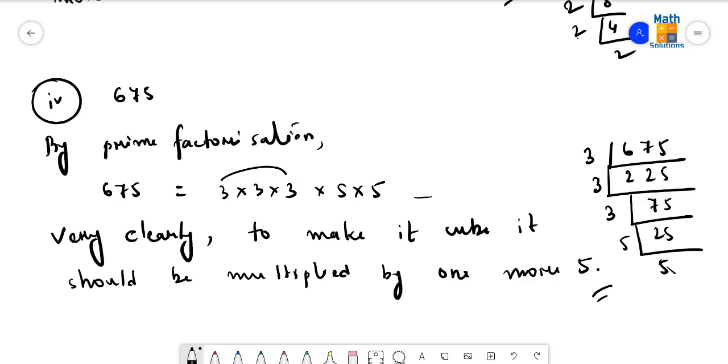Then the remaining sums of this number can also be done in the same way.